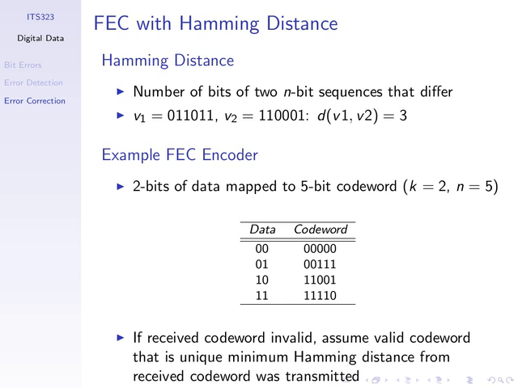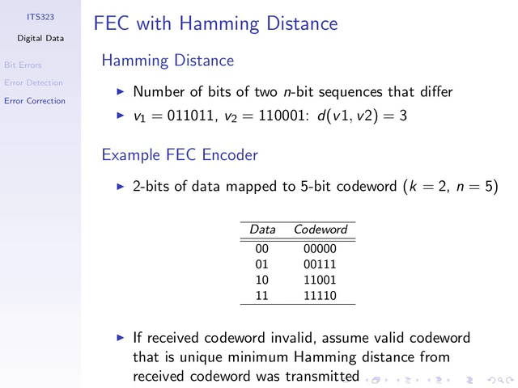So that's the next step. If the Hamming distance between our received code word and one of the 4 valid code words, if the minimum of the distance is unique, then we'll assume that that's the received code word. First, look at the minimum distance. In this case, the minimum is 1.